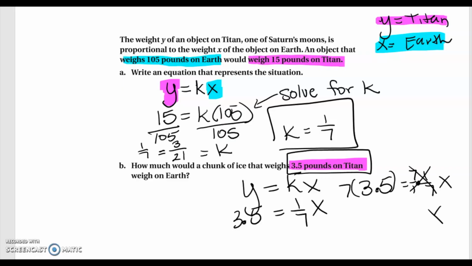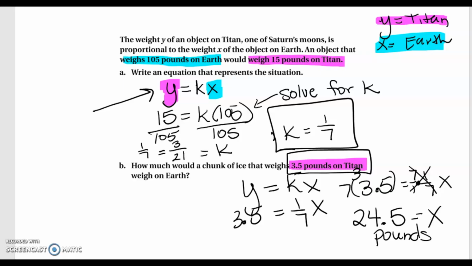Back to solving equations from chapter 3. 3.5 times 7, it would weigh 24.5 pounds on Earth. So again, once we get our equation and we know k, we could plug in any weight for anything on one of the locations, Earth, and solve for its weight on Titan, or vice versa.